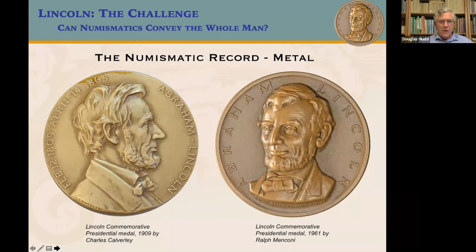It shows him roughly in the period of 1864, somewhere in that range, maybe 1863, where the war has affected him, but it hasn't really created the weariness and the haggard look that he had towards the end of his life.